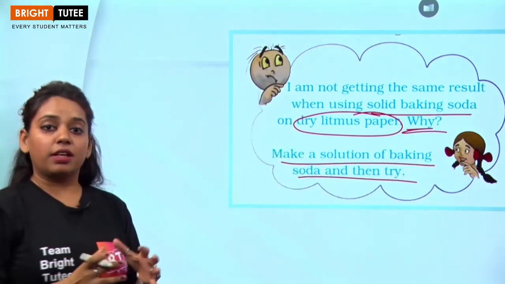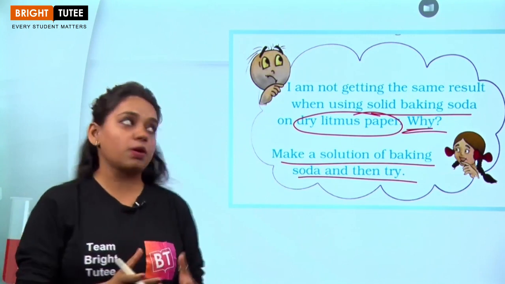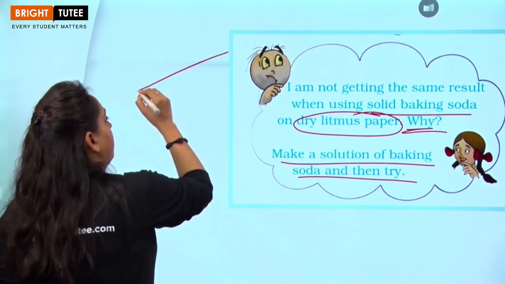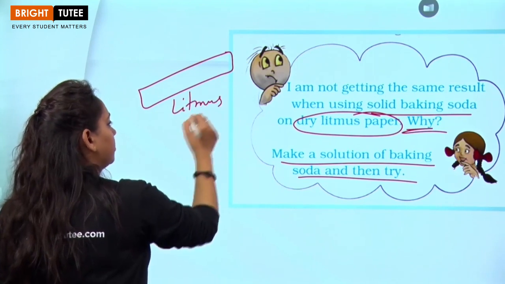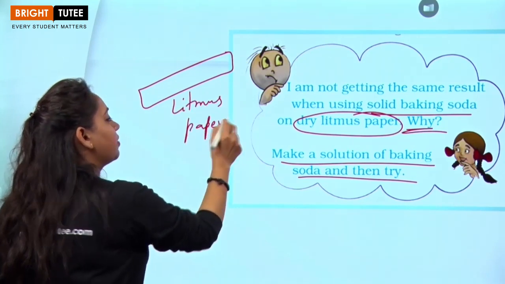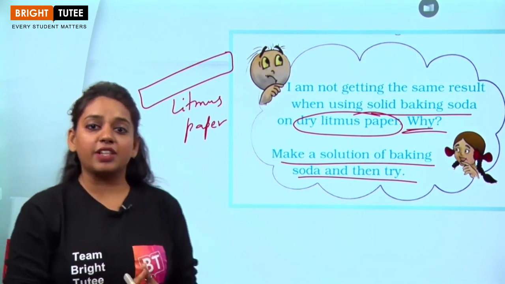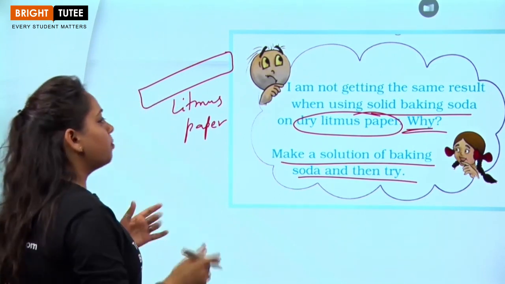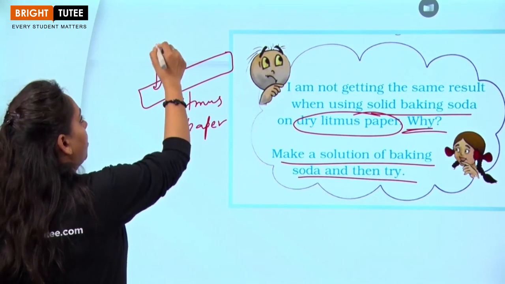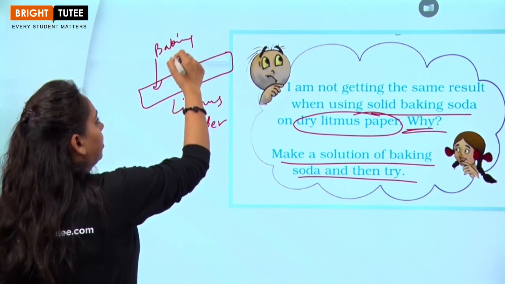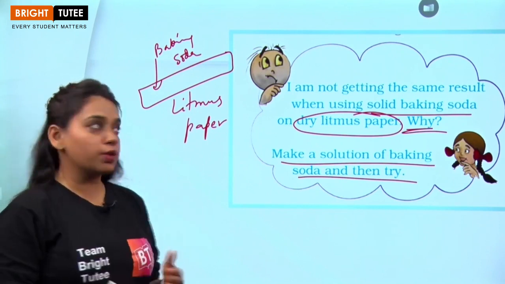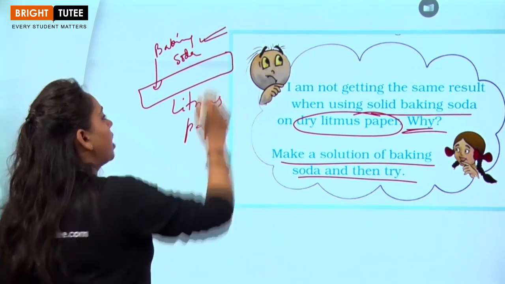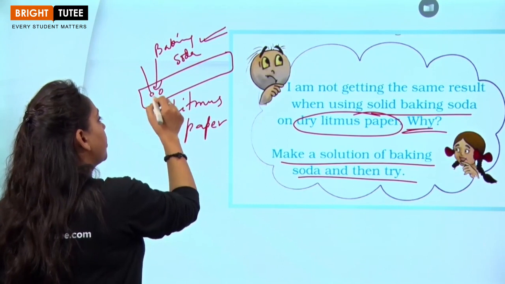So children, in order to change the color on the dry litmus paper, it requires a medium for the reaction to occur. When you put solid baking soda on it, there will be no change in color. So Bujo can make a solution of baking soda and put a few drops on it.